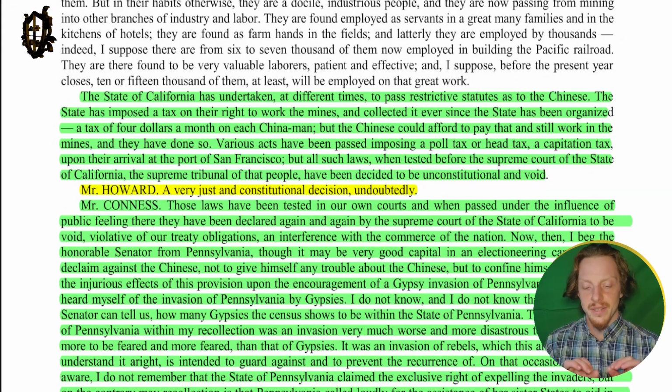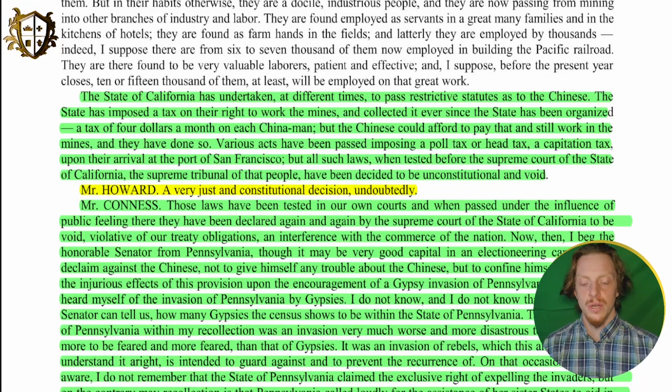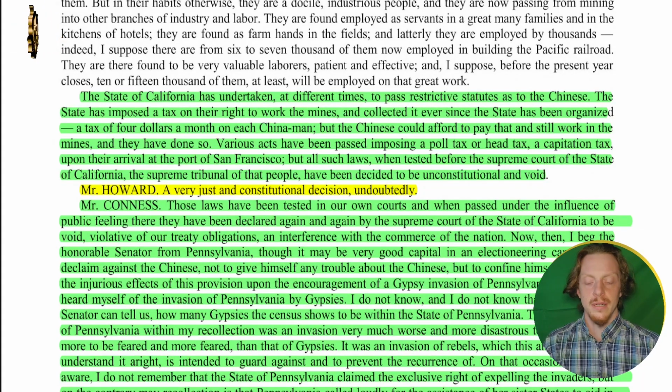He's saying these activities that a citizen, a California citizen, would do were denied to these Chinese, not even residents, these Chinese visitors who were in California. And because these citizen-exclusive practices were denied to these foreigners, it went to the Supreme Tribunal of California and it was ruled unconstitutional and void.